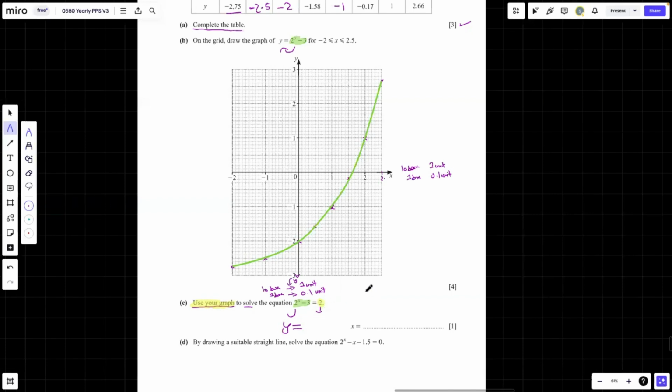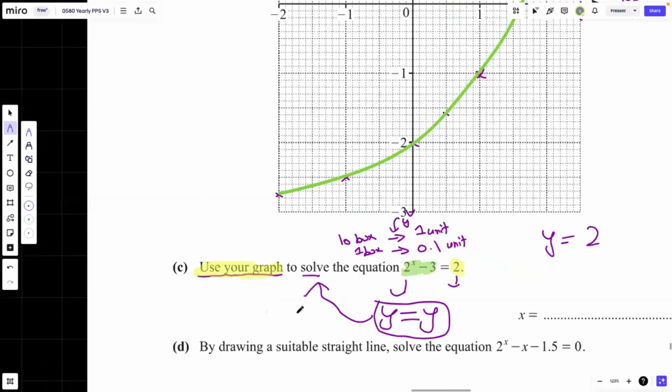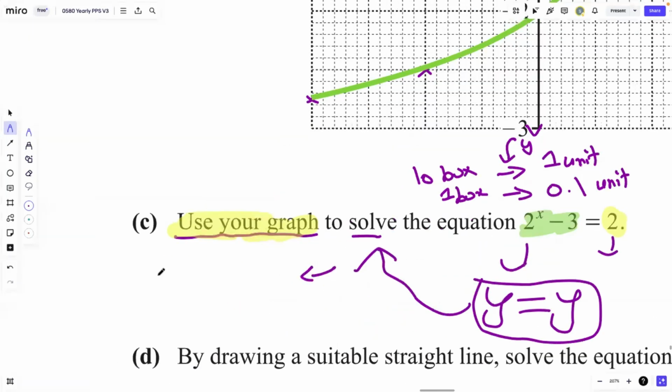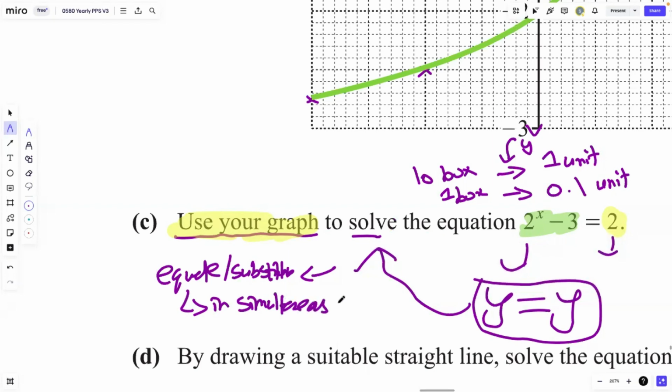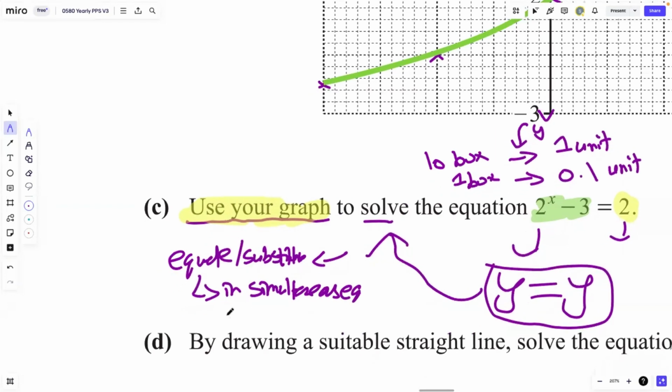So what would this value be actually? It would be y equals 2, because that's how you would be equating both the y's. Why am I equating both the y's to solve? Because when do you equate? This is important to understand. You equate or substitute in simultaneous equations. And what does a simultaneous equation give you?